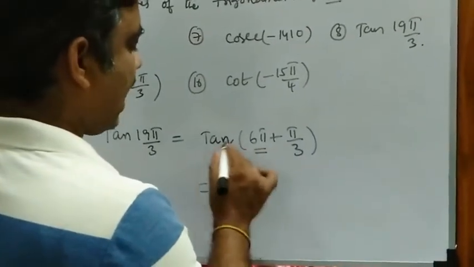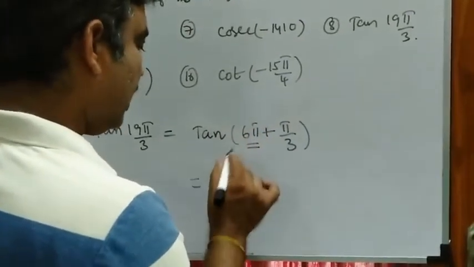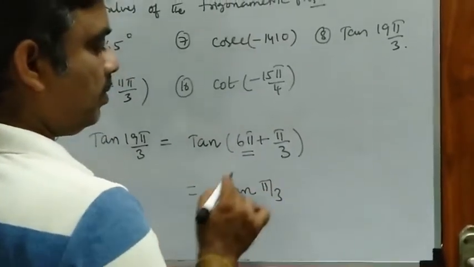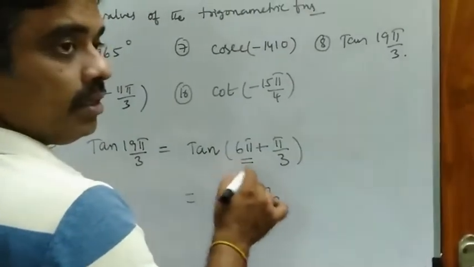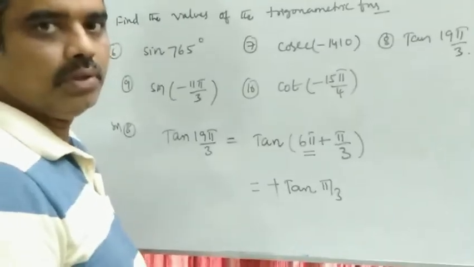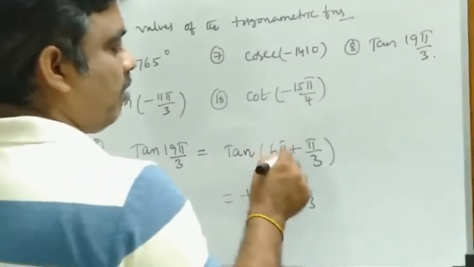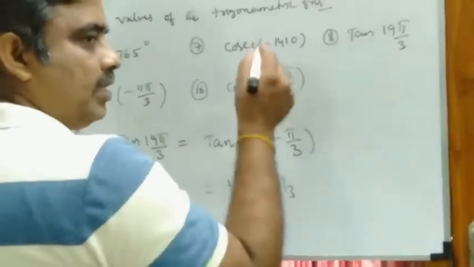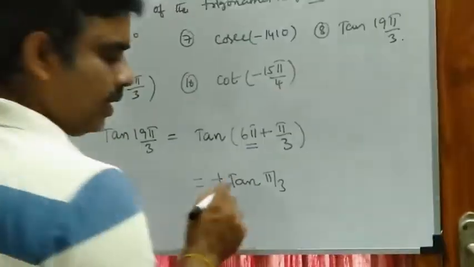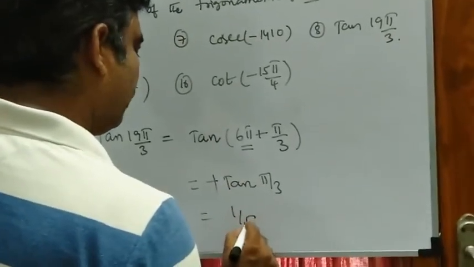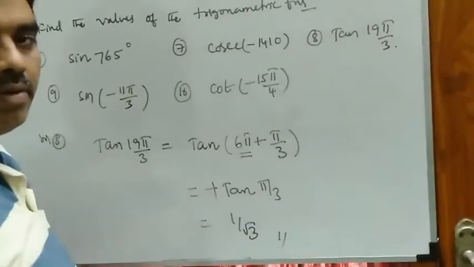So for a pi multiple, you will get the same function tan, and pi by 3, whether it lies in the third quadrant or the first quadrant. If we consider it as a multiple of pi, that is the third quadrant. If you consider it as a multiple of 2 pi, then it is the first quadrant. Both are tan positive. Tan pi by 3 is equal to 1 by root 3. That is the required solution.